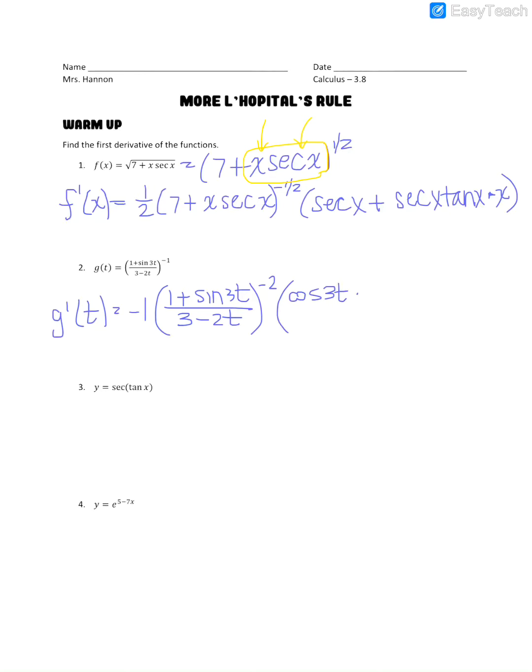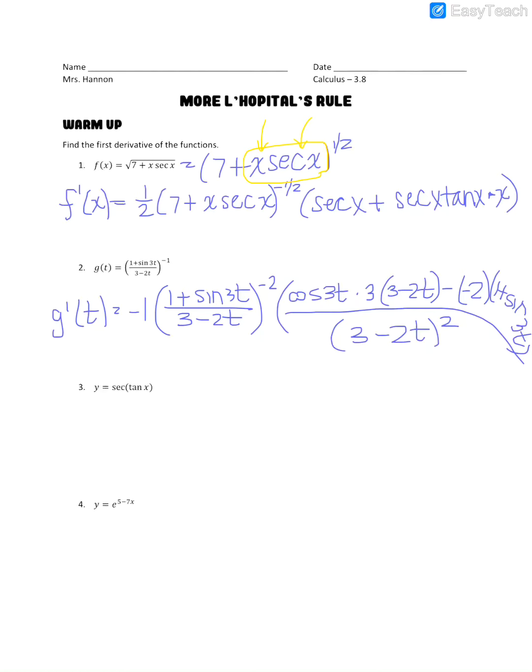The derivative of 3t is 3. Times the bottom. Minus derivative of the bottom, which is negative 2, times the top. Ugh, I'm out of room. All over the bottom squared.